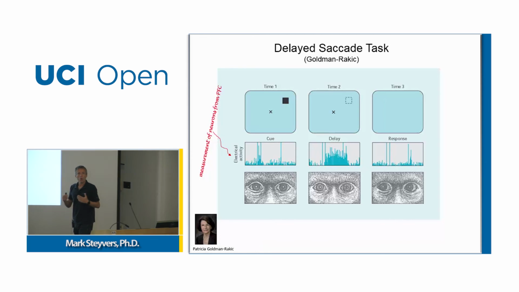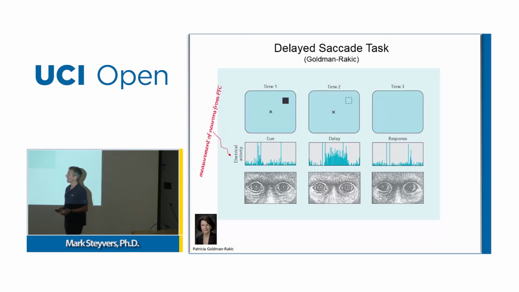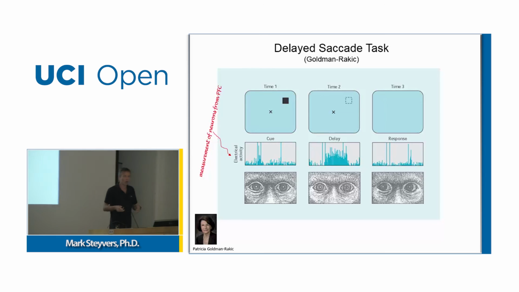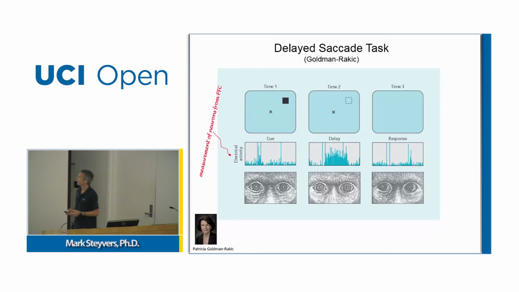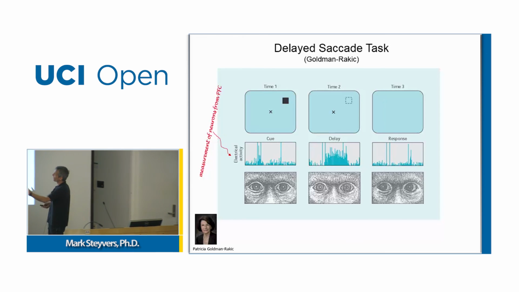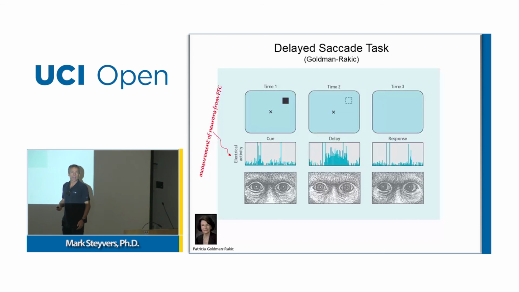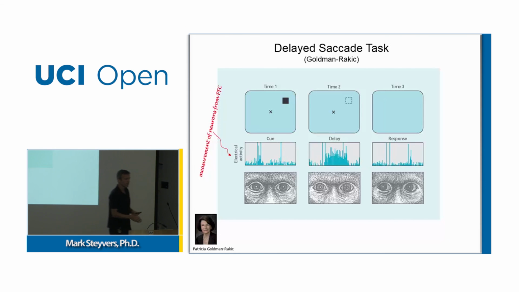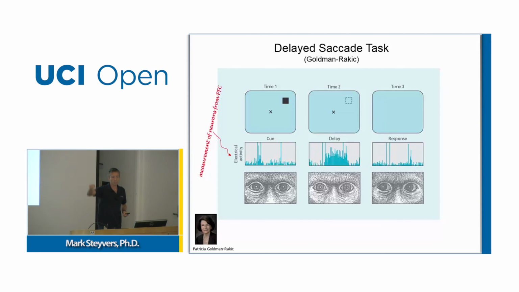Now this can only be interpreted as a memory kind of neuron, as a maintenance kind of neuron, of trying to hold on to information that's no longer there physically, and it's not related to responses because it's, again, silent when the monkey actually makes a response. And I should say, again, the monkey makes a response not by a button press, but by moving their eyes. So in this display, the monkey moves the eyes to the location where it was present.